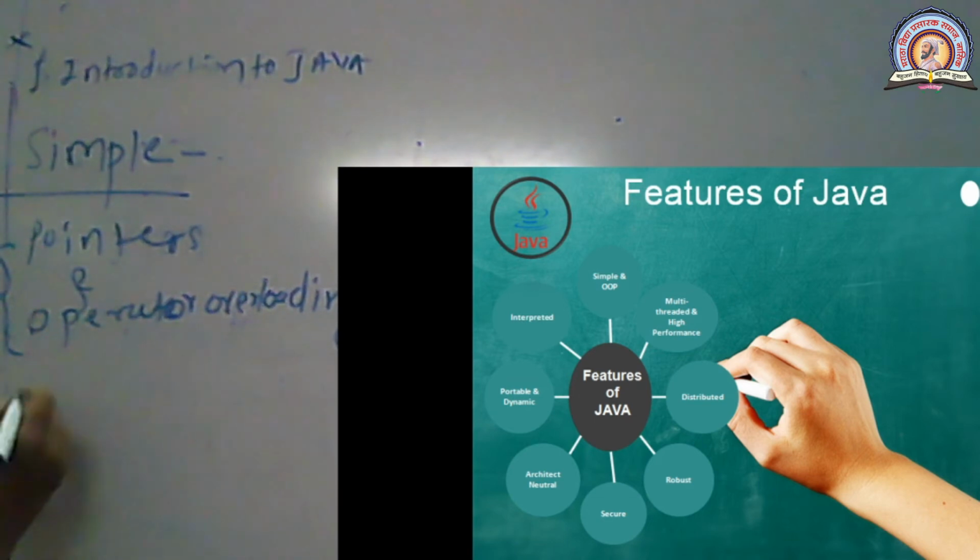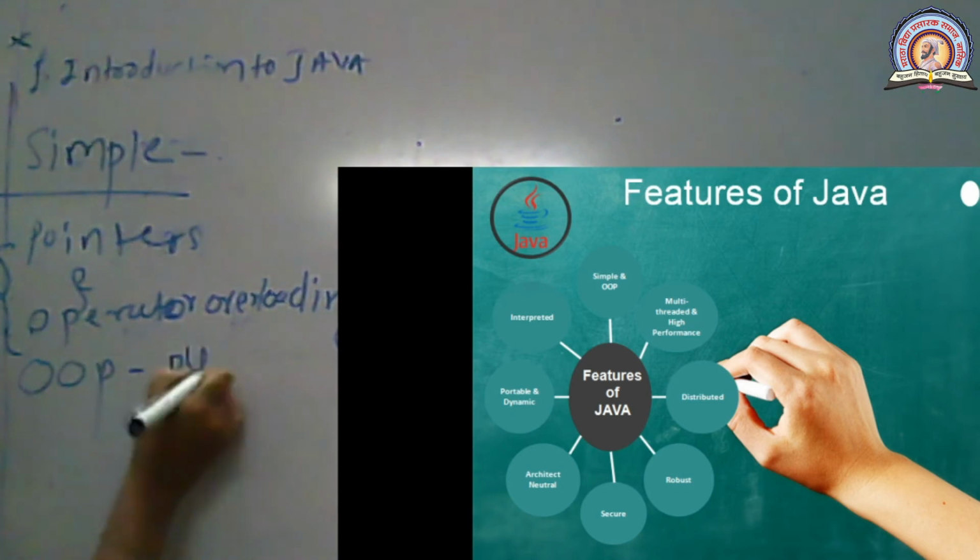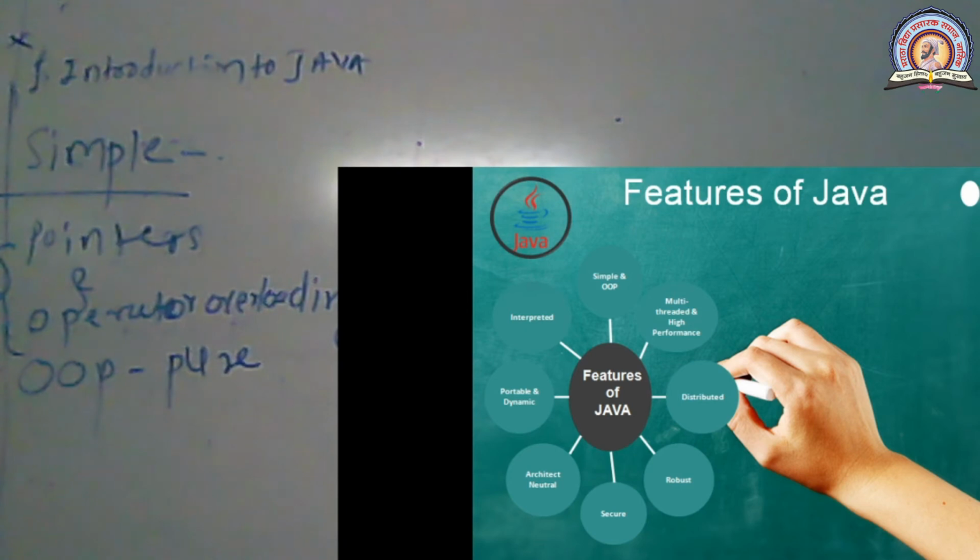Then it is an object-oriented programming language, but it is a pure object-oriented programming language. Whereas C++ is not a pure object-oriented programming language. Why is Java called a pure object-oriented programming language?